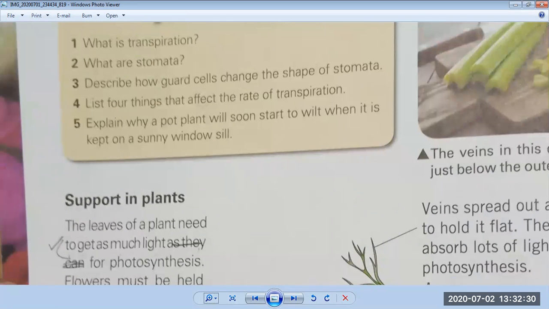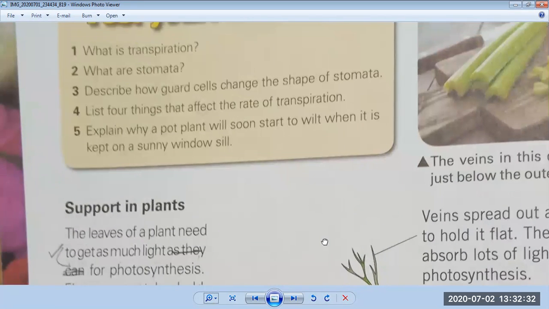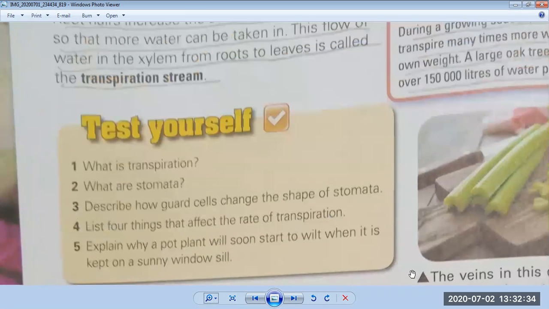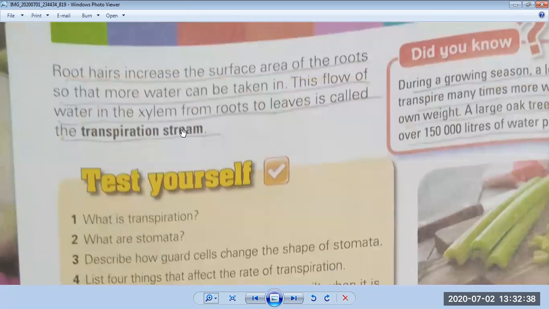Because they increase the area of roots inside the soil. So why is it important? Because a plant can absorb more and more water.